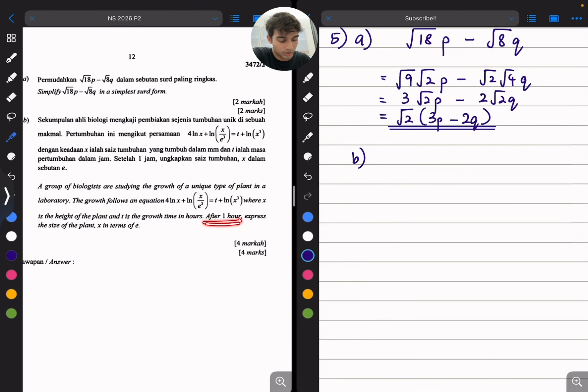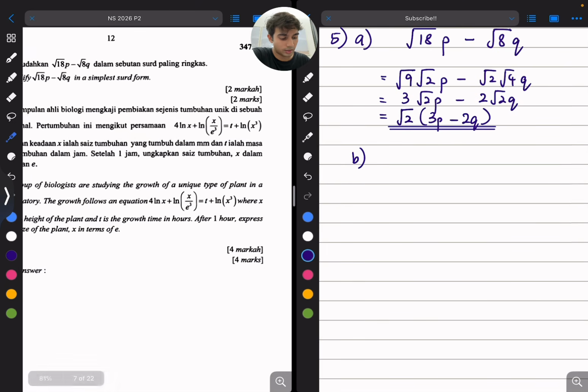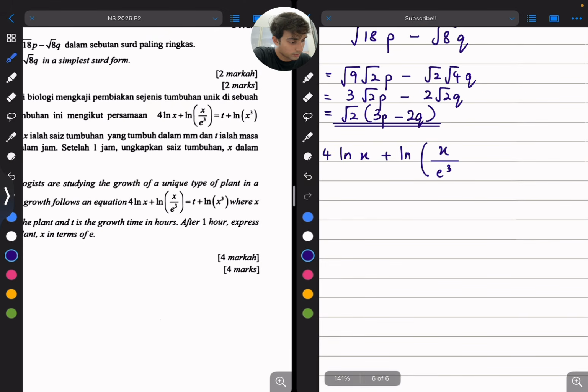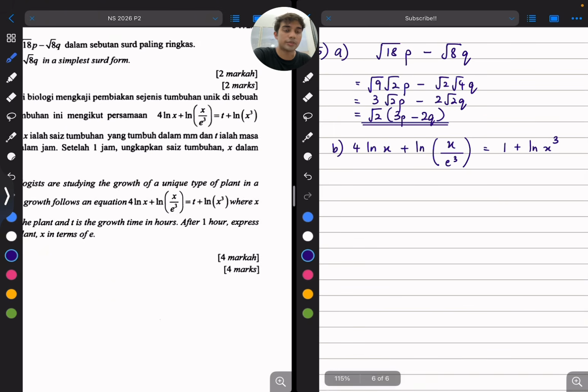After 1 hour, express the size of the plant. Okay, so after 1 hour means our time is 1. So we sub the t with 1. Okay, then we simplify now.